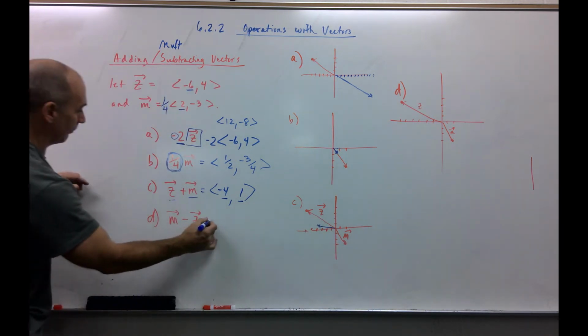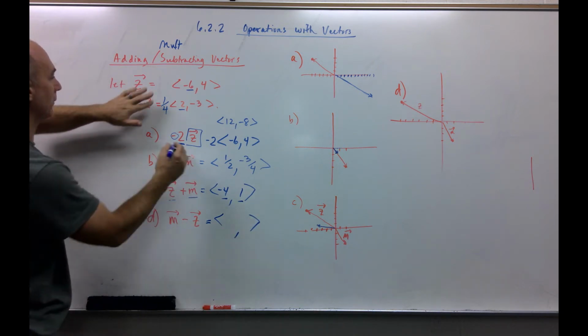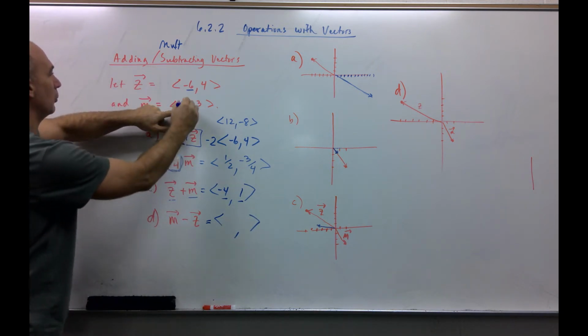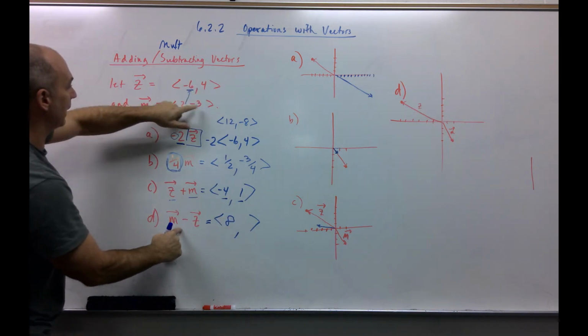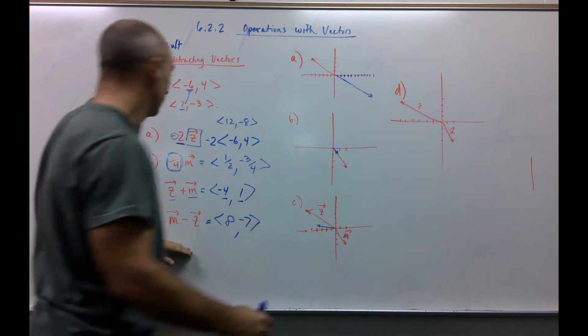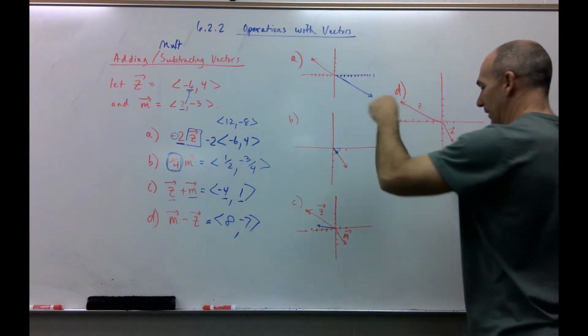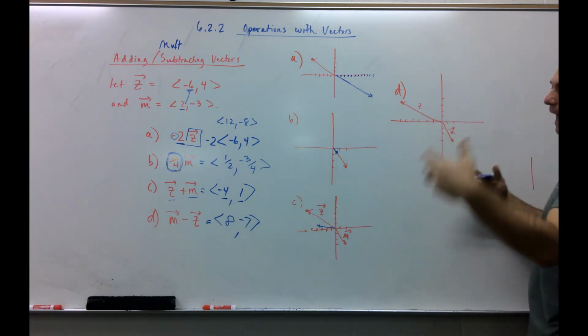Now we're going to subtract. Well, subtract means, guess what? Subtract. So m, get rid of that 1/4. 2 minus a -6 would be 8, and then -3 minus 4 would be -7. So letter D, again I've got vector Z, vector M, we're subtracting.